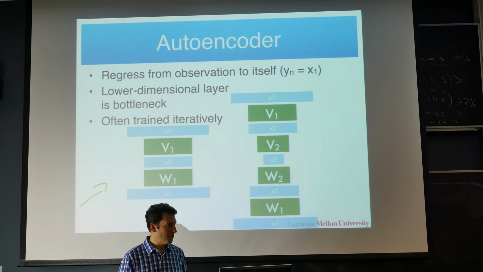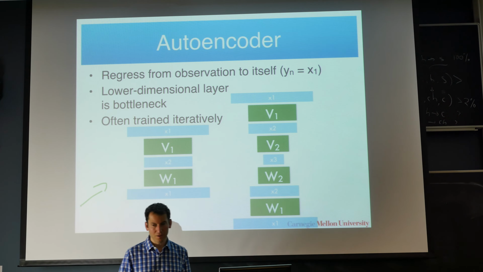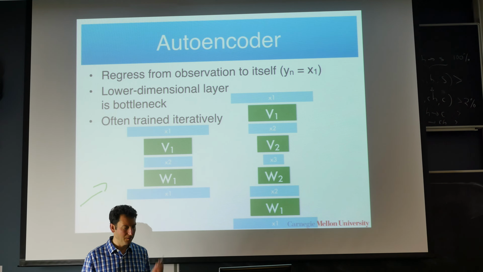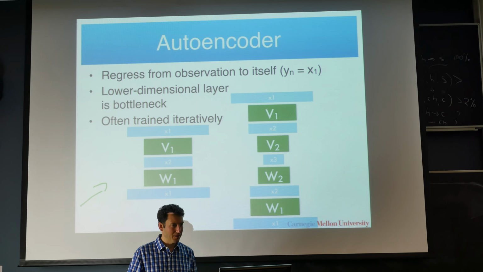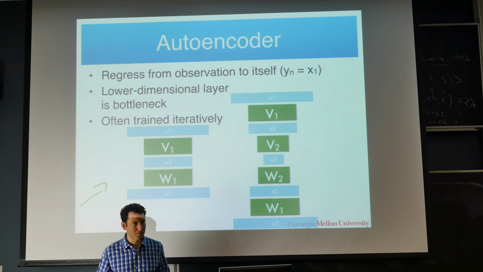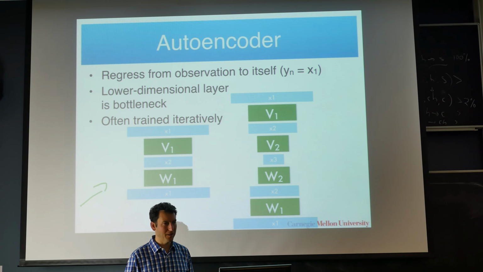So a simple projection operation is just one of the simplest things that I could do. There are a lot of fancier things that I could use. For instance, I could use a generative model, and we'll get to those a little bit later today. But basically, in trying to do this, the hope is that this compressed representation will capture the essence, if you will, of what x1 is really all about.